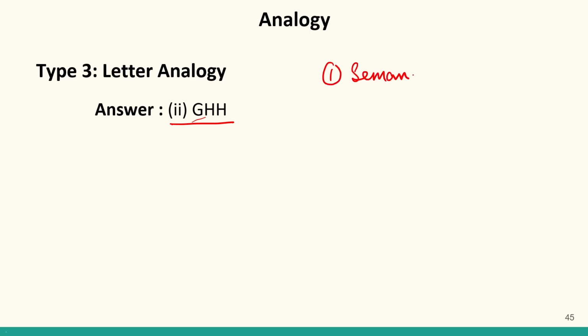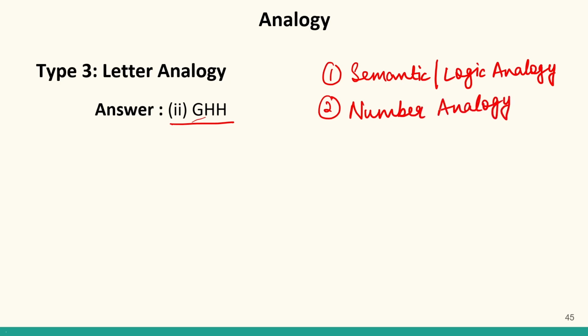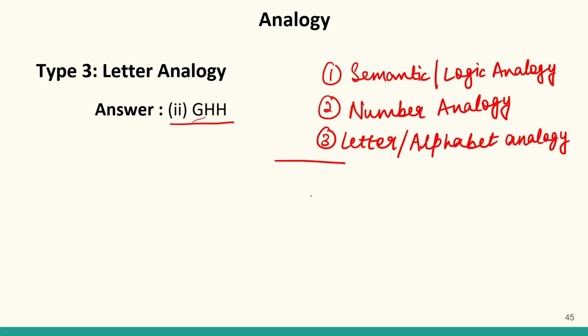Number 1 was semantic or logical analogy. Then we completed number analogy. And then we also completed letter analogy or alphabet analogy. In the next class, we'll study the remaining 3 types. The next type is object or shape analogy.